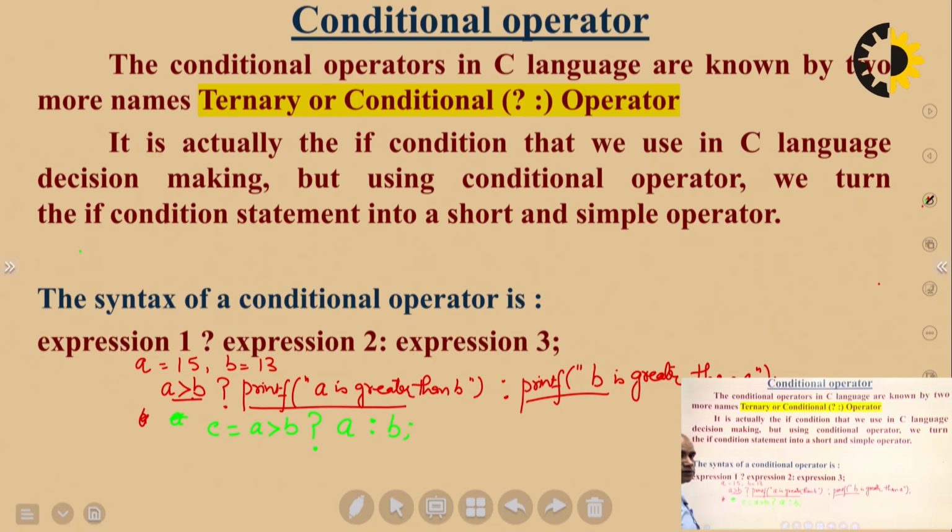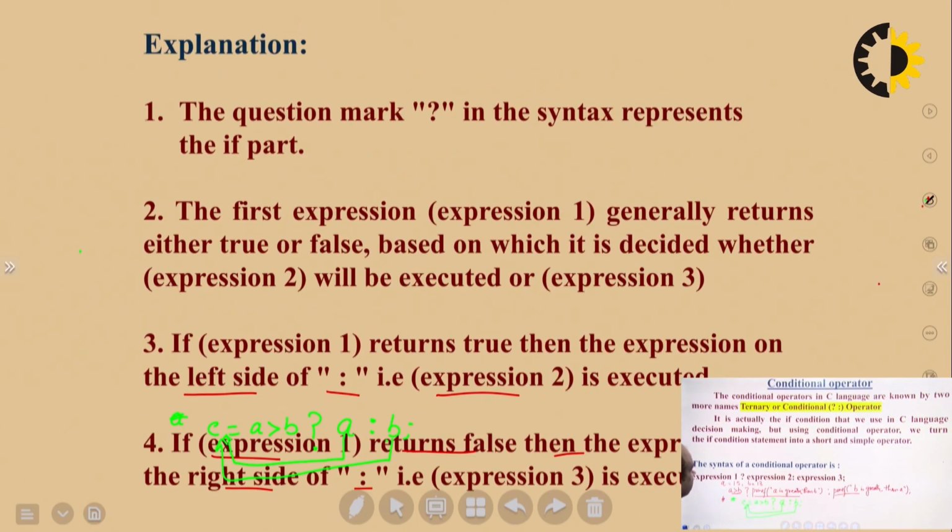This statement will be evaluated. We check whether A is greater than B. If that is true, the true part will be assigned to C. If that becomes false, then B will be assigned to C. Here, in this case, the value of C becomes the value of A, which means 15.